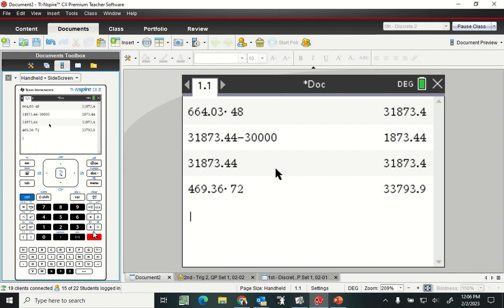And so that's the total amount paid. And to find the interest, I would subtract my principal, or my present value. We get 3,793.92.